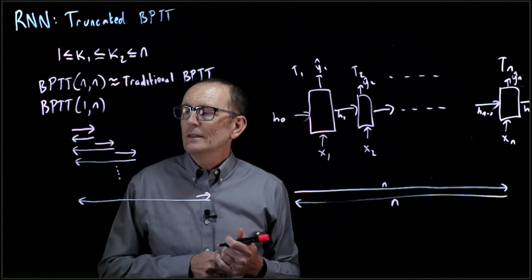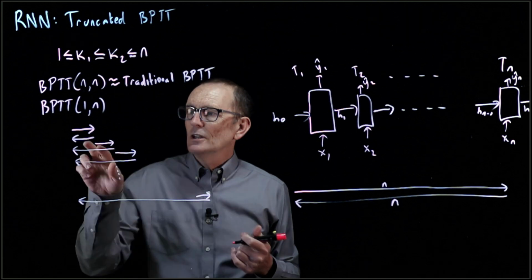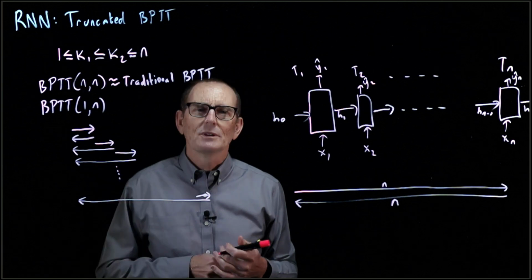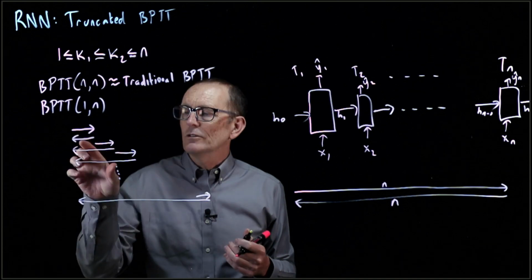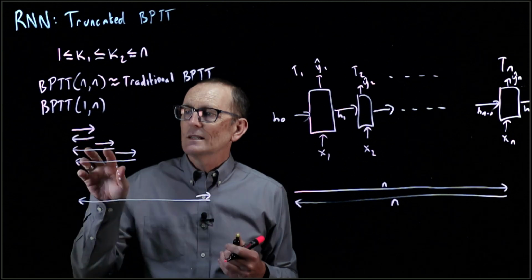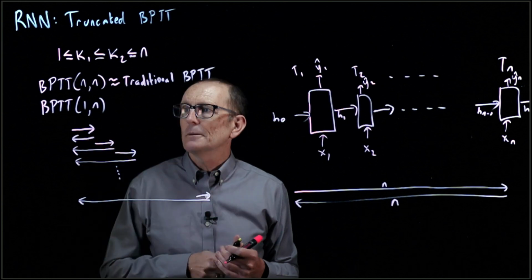The advantage of this approach is we're doing a lot of updating of these early gradients. So in the early time steps, we're updating the weight matrices and in some sense overemphasizing those early time steps because we're updating those weights based on the early inputs more than we are later.